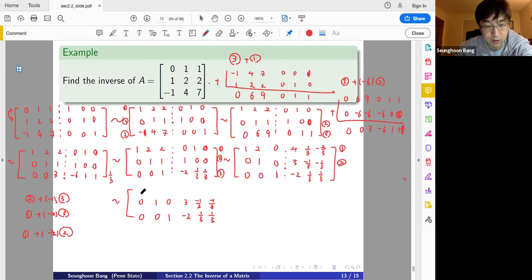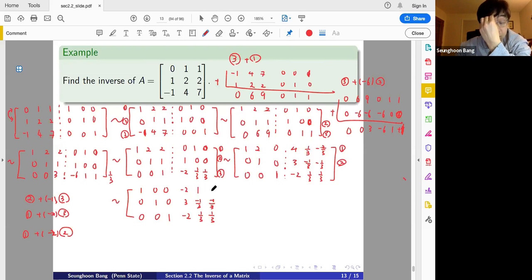So what happens? This is 1, 0, 0. The next one is 4 minus 6, which is negative 2. So we have negative 2. So 1/3 minus 2 times negative 1/3 is 1/3 plus 2/3, which is 1.